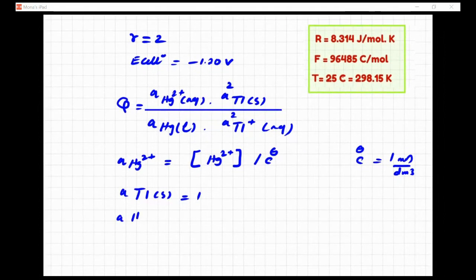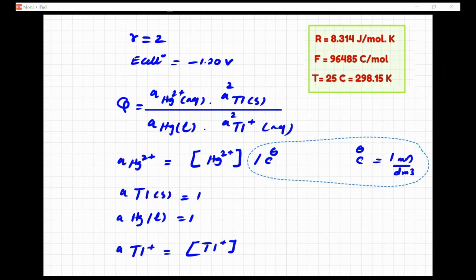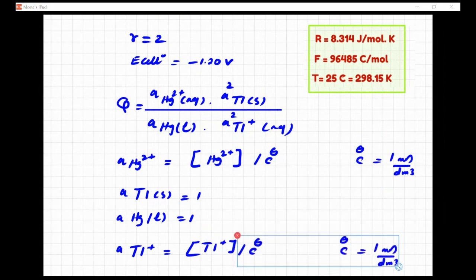Activity of Hg liquid is equal to 1. Activity of Tl+ is equal to the concentration of Tl+ divided by the standard concentration, which is equal to 1. So this is what we have, right?